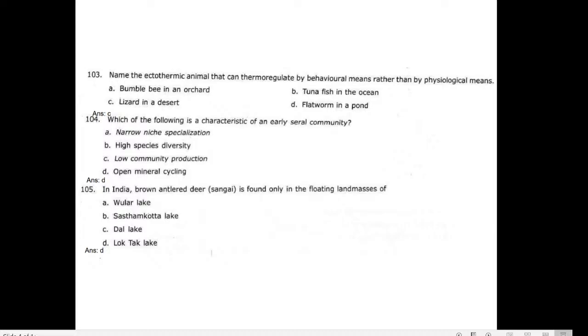Behavioral means that they change their behavior, such as feeding behavior or walking behavior. For example, in the camel, the backbones are modified, which is the physical means for their character.